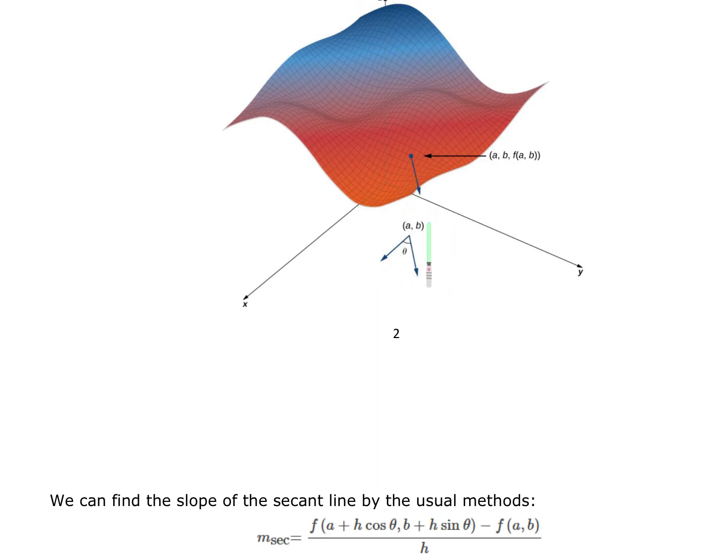Here in 3-space, this is what it would look like. Here's my point that I had before. In 2-space, here's my angle theta. This is the direction in which I am looking at the slope of the tangent line, which you can see is not running parallel to the x or the y axes.